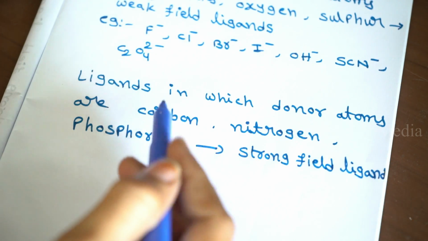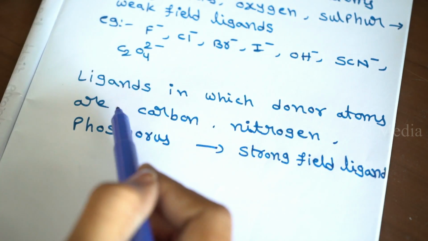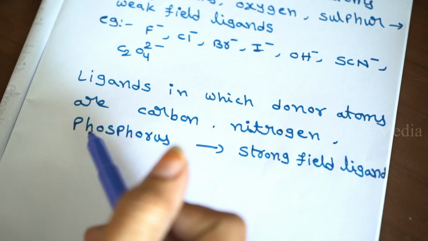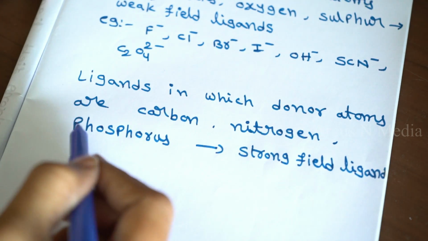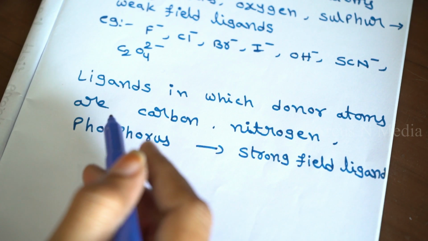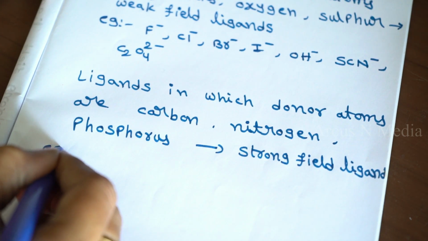So what are the strong field ligands? Ligands in which donor atoms are carbon, nitrogen, phosphorus. So if these elements are present, it will act as a strong field ligand.